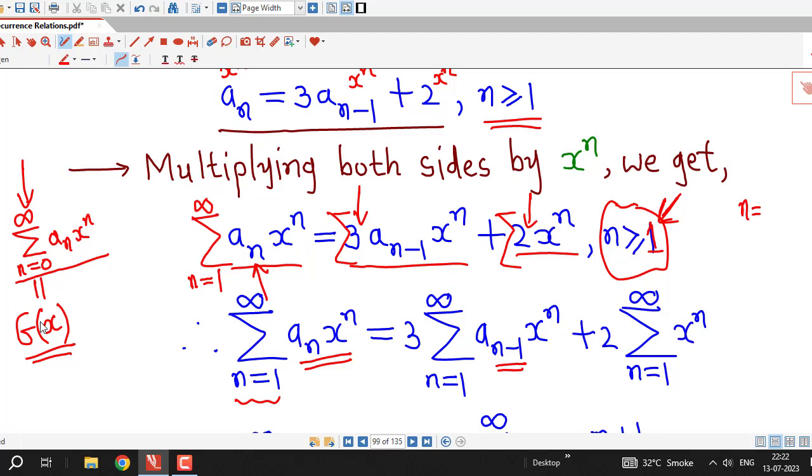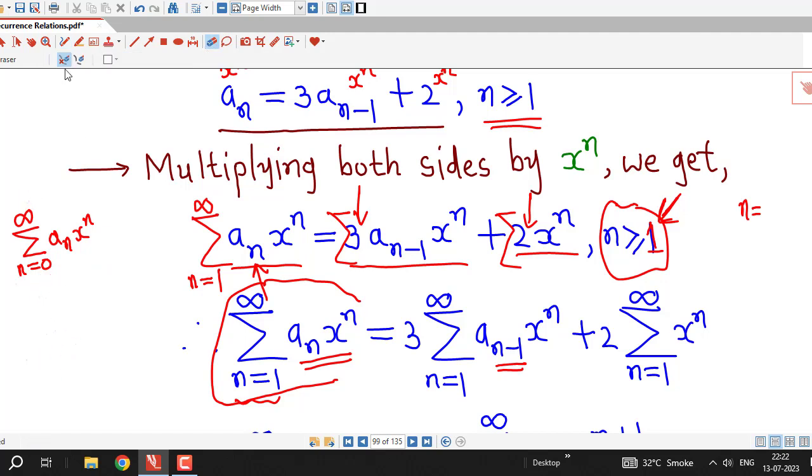So for the first summation, this is sigma a_n x^n, but n is starting from 1 to infinity. So if you observe, I can rewrite sigma a_n x^n, n equal to 0 to infinity, as the term corresponding to n equal to 0, which is a_0 into x raised to 0, x raised to 0 is 1, plus sigma a_n x^n, n equal to 1 to infinity.